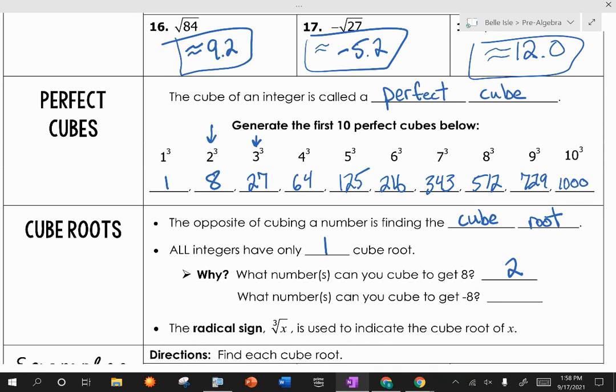It could be 2, or it could be negative 2, because a negative times a negative equals a positive. But if you do a negative times a negative, that's a positive, but you have to times it by one more negative number because now we're doing it 3 times. It's going to end up being positive or negative? Negative. So what number can you cube to get negative 8? Negative 2.